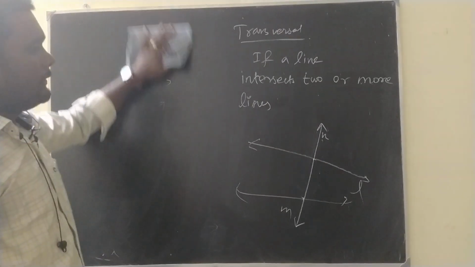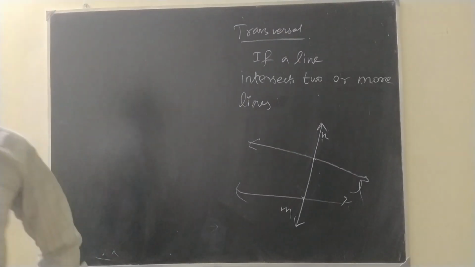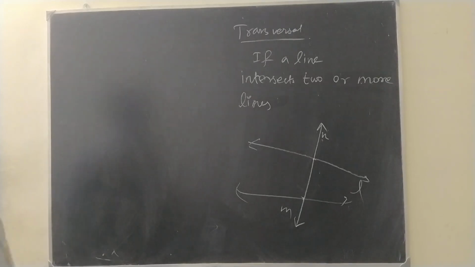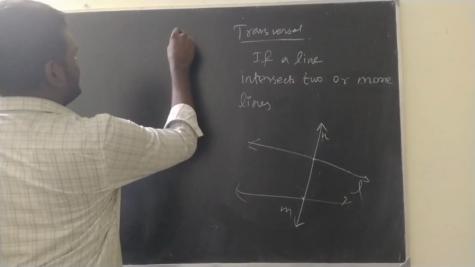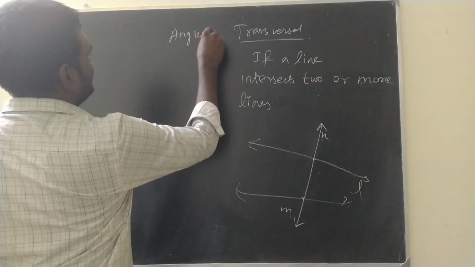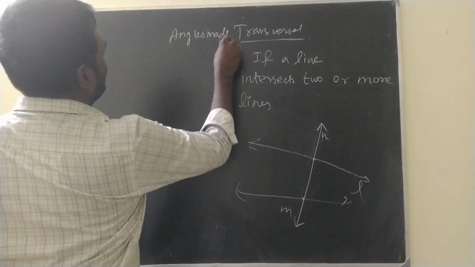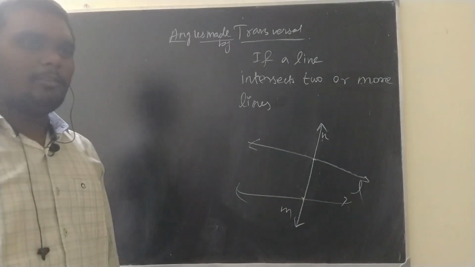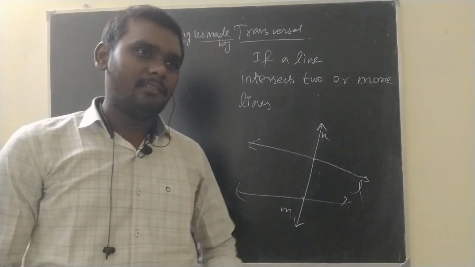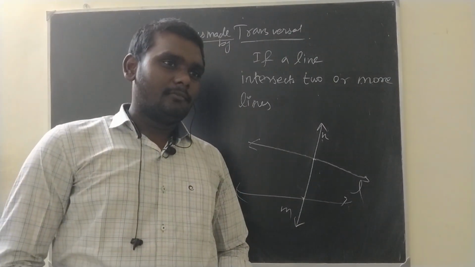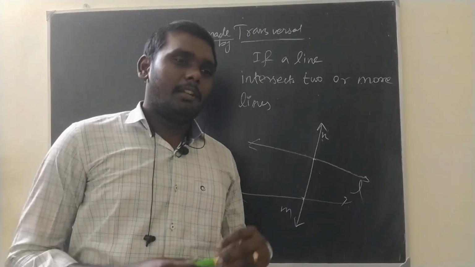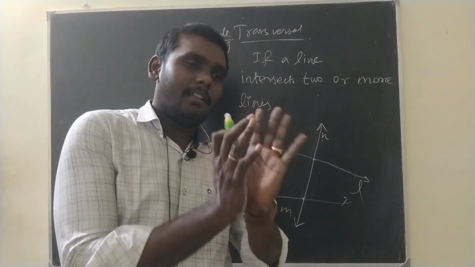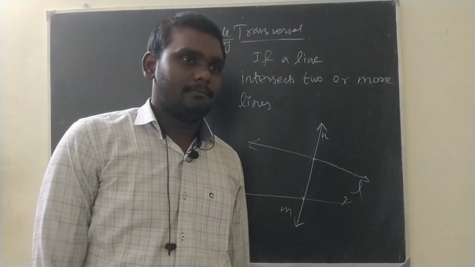Then the next one, angles made by a transversal. How does a transversal make an angle? You know, when two lines meet at one point, one angle is formed.